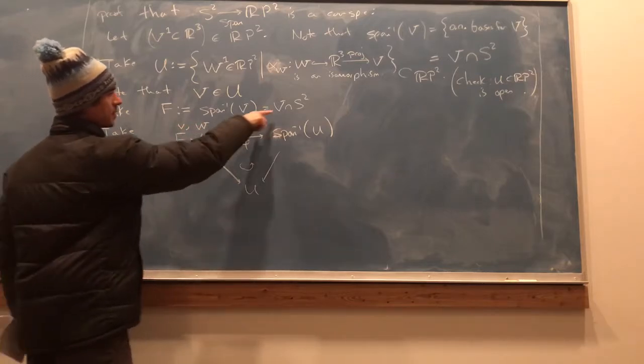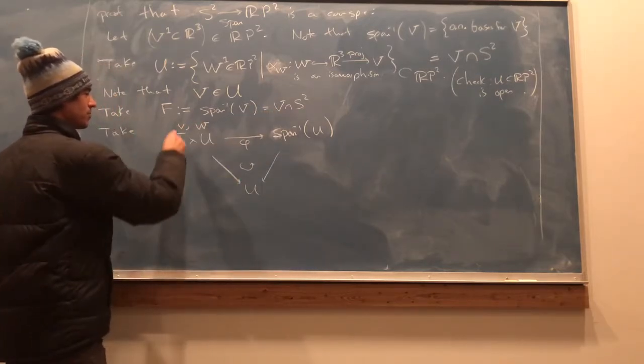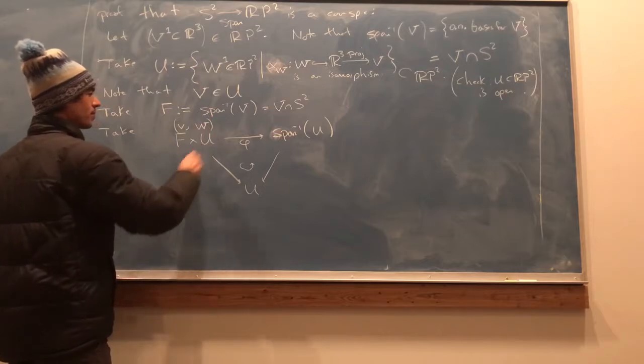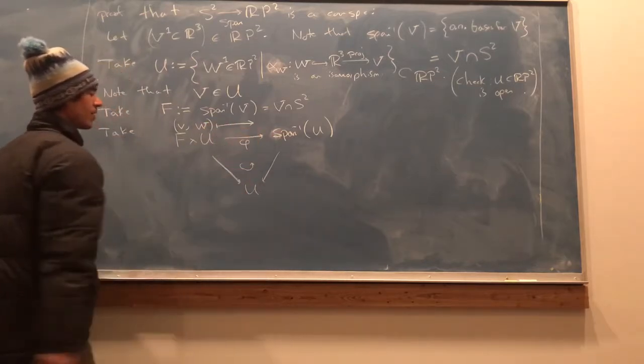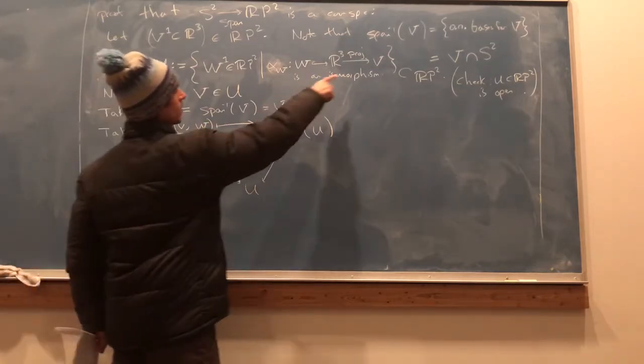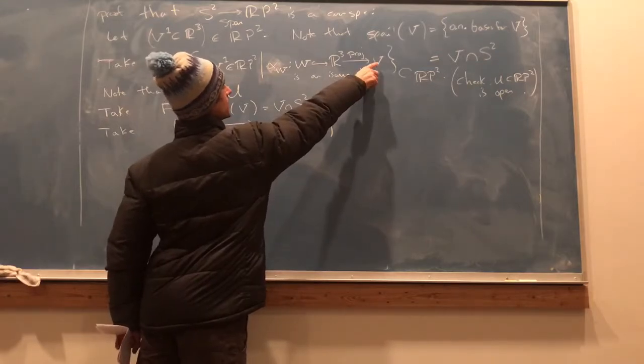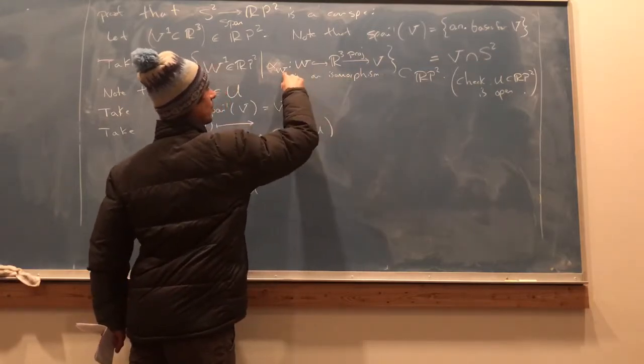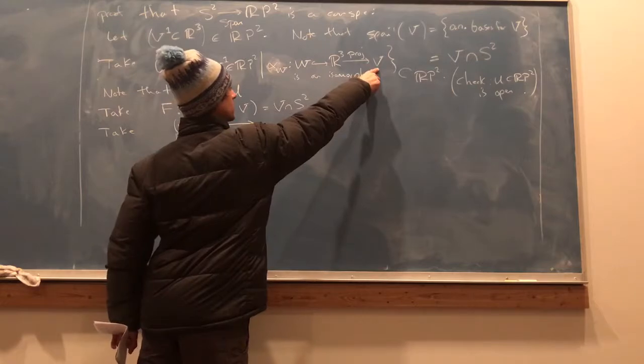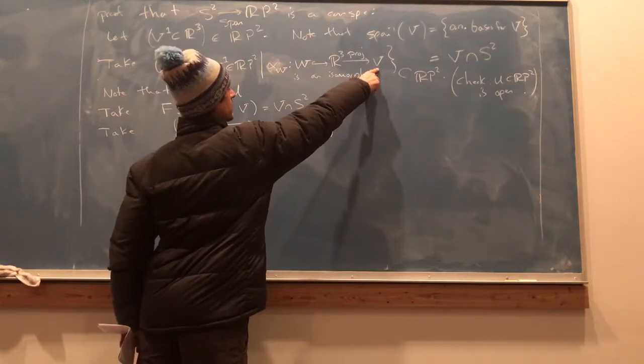So little v is an element here. It's a unit vector inside of capital V. And it'll carry it to, well, the unit vector inside of V is an element here. This alpha sub W, which is this composite, is an isomorphism.